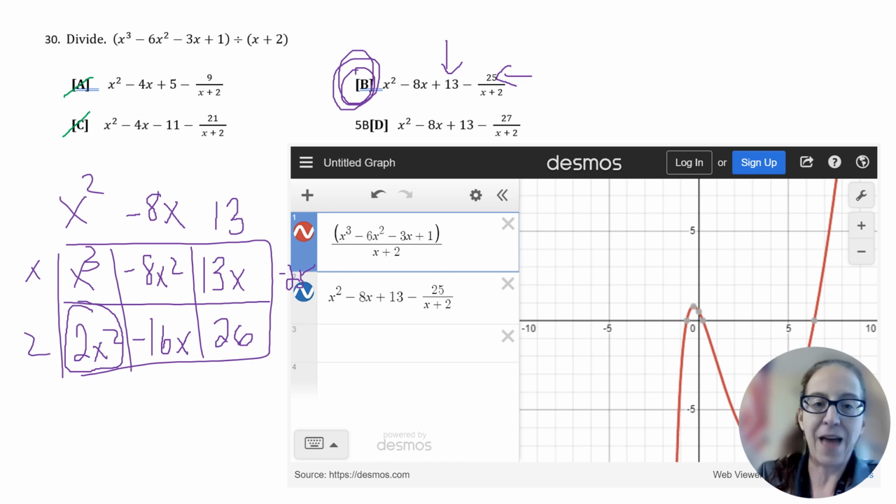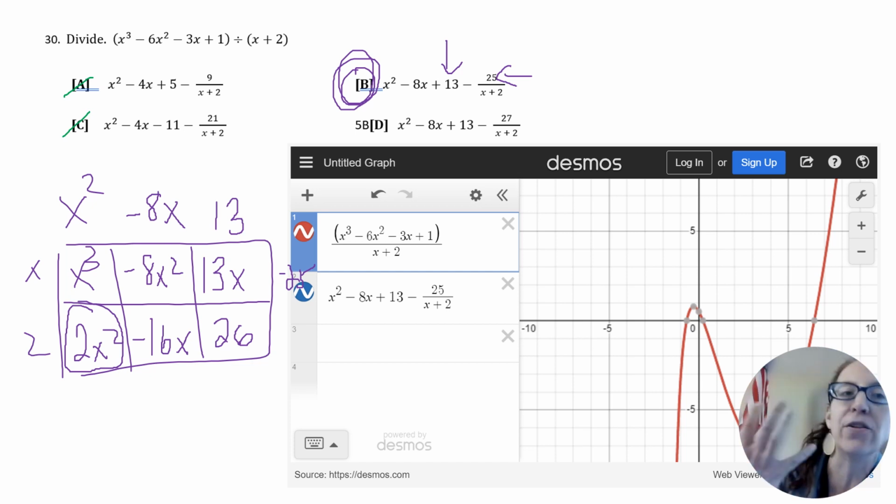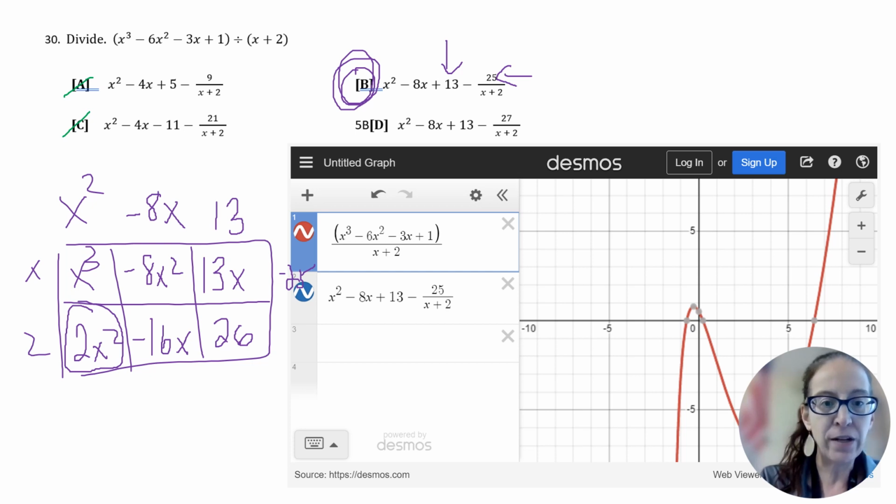Okay, and I get that graph, and what I need to do is find which one of these matches the division problem, because if they're equivalent, just written in different ways, they should generate the same graph. So starting with the first one, I have x squared minus 4x plus 5, not that, minus 9 over x plus 2. Okay, and that obviously doesn't work.